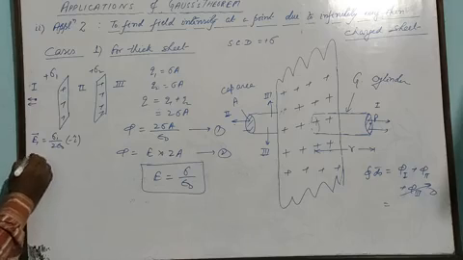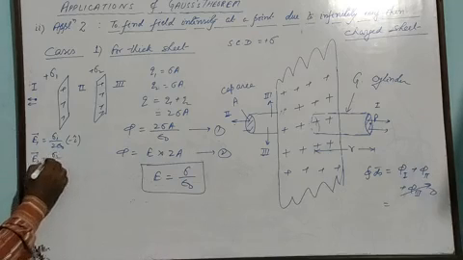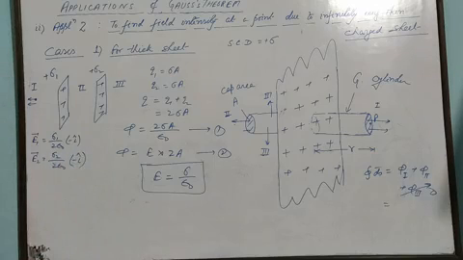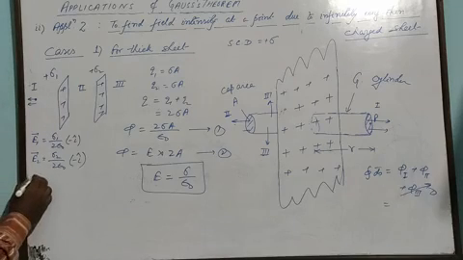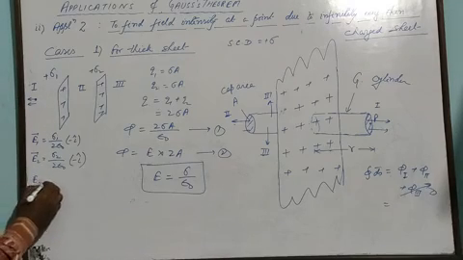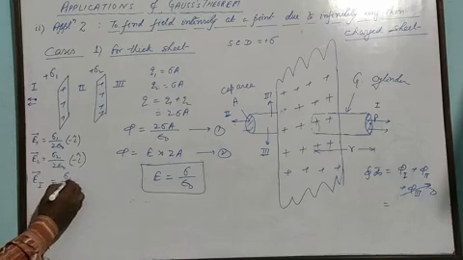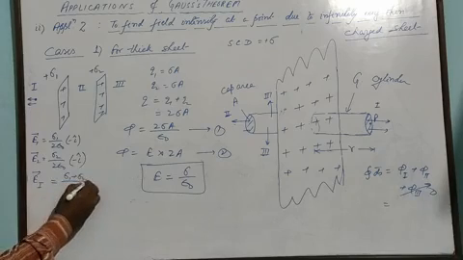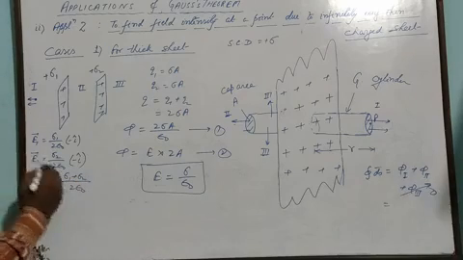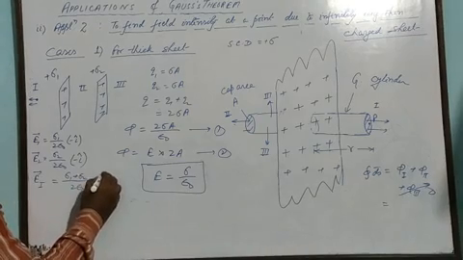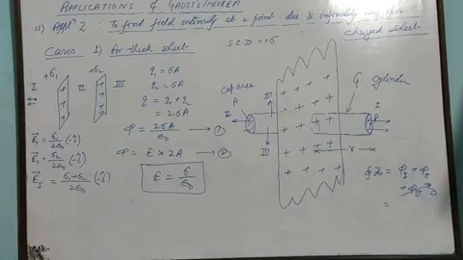So the direction will be the same, but the magnitude will be different. Now they have the same direction, so the net field intensity in zone 1 will be sigma 1 plus sigma 2 by 2 epsilon naught, and the direction will be minus i cap still.